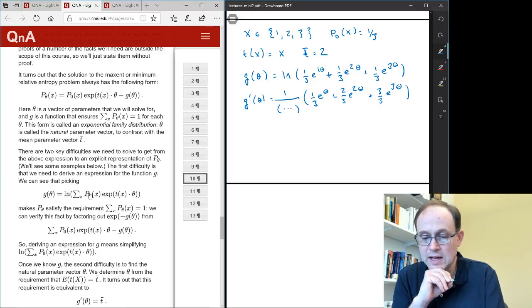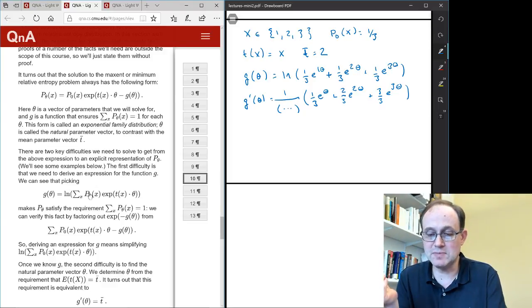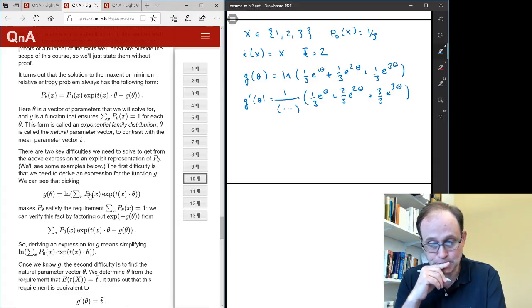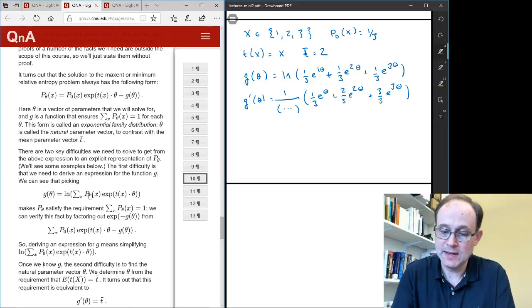And then we would like g prime of theta to be equal to 2. This is in general a nonlinear equation, so it might be hard to solve. But in this specific example, we can just guess that theta is equal to 0 and check it.